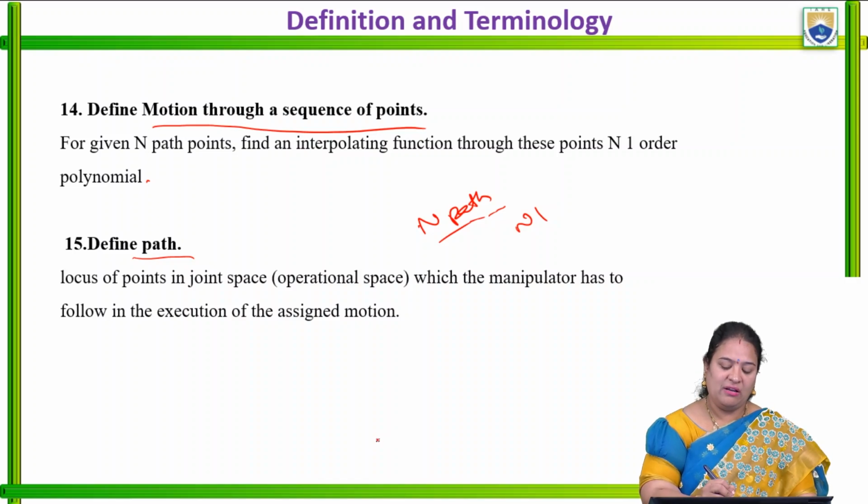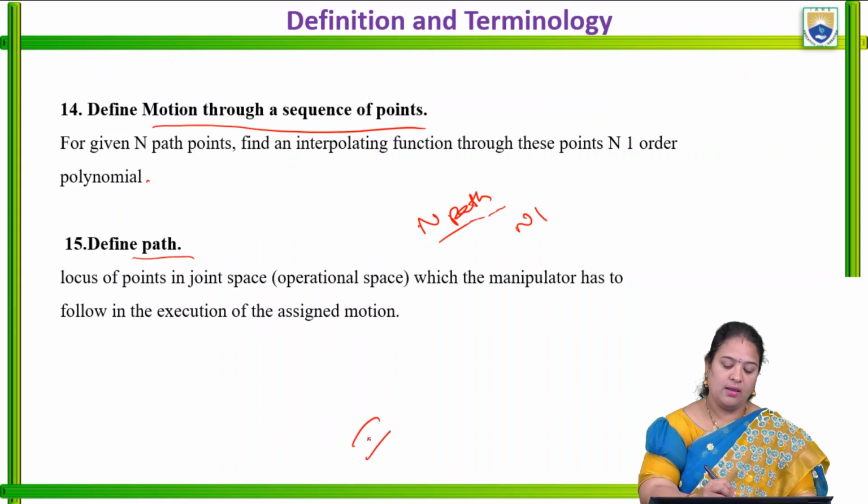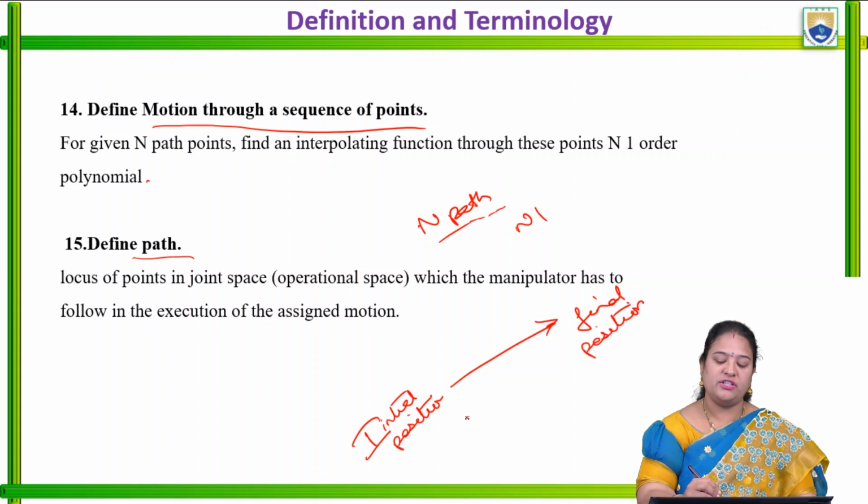That is, when the robot has to move from the initial position to the final position, this particular path has to be fixed.